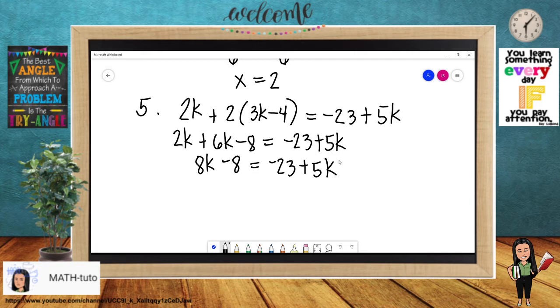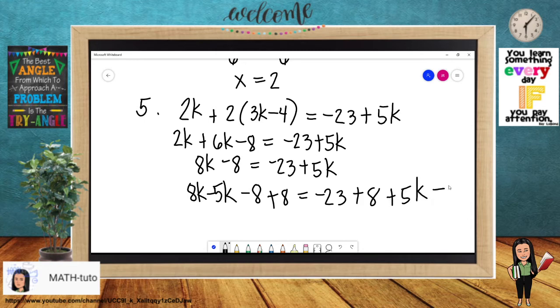Okay? So, we will subtract 5k to both sides of the equation and add 8 to both sides of the equation. We have 8k minus 5k minus 8 plus 8 equal to negative 23 plus 8, okay, plus 5k minus 5k. Simplify.